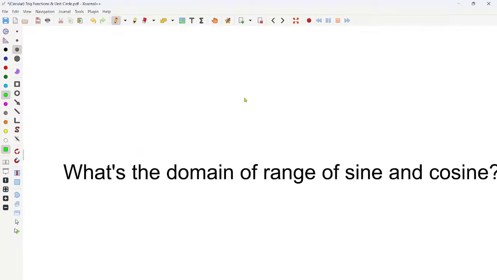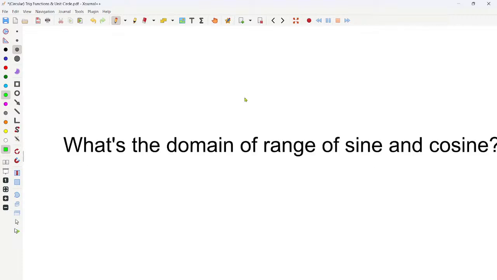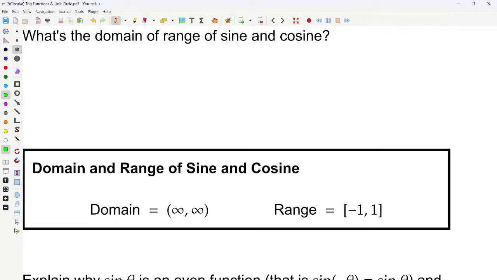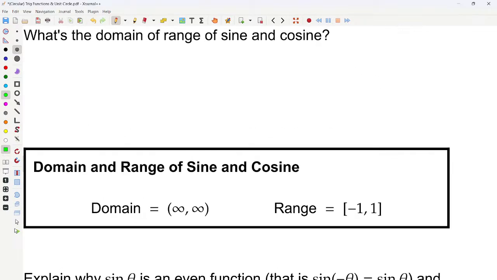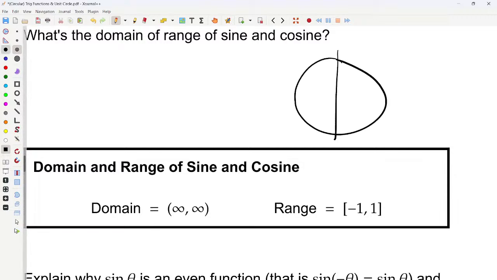What are the output values? Why? Because of the unit circle. About a half hour ago, I said the sun is at its maximum right here.